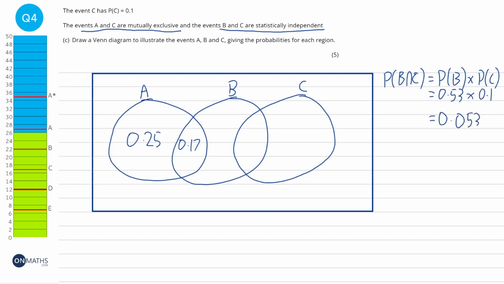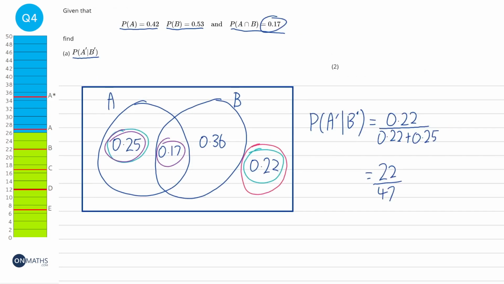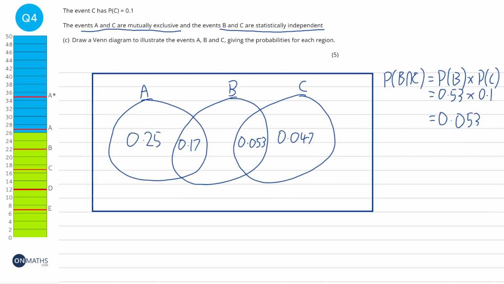So this middle bit here is going to be 0.053. Take that away from the 0.1, and that will give us the remaining part of C. Take both of those away from the 0.53, and that will leave us with 0.307, and take all 5 of those away from 1, you get 0.173.